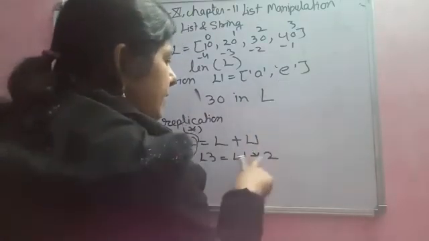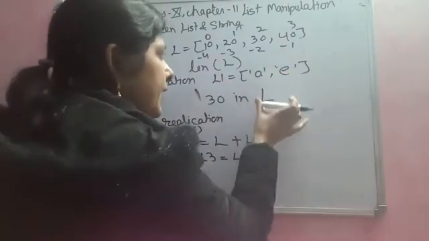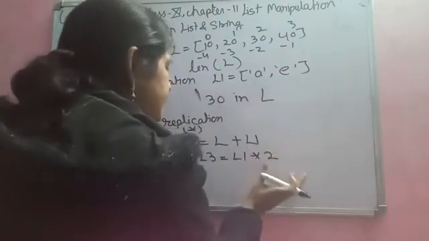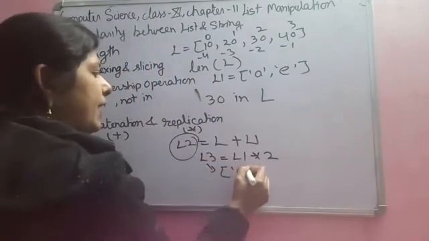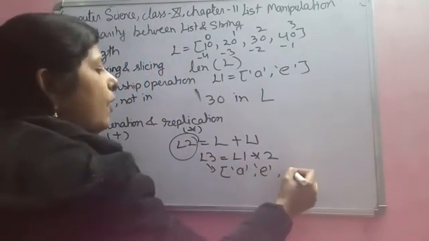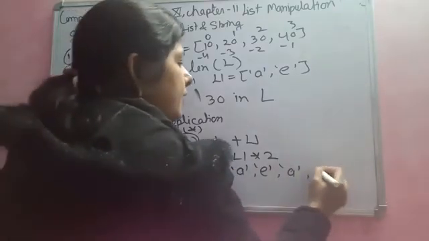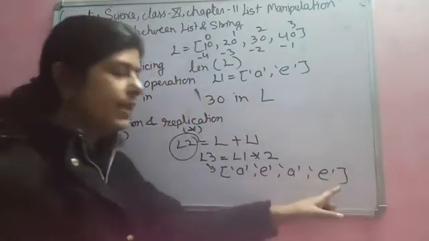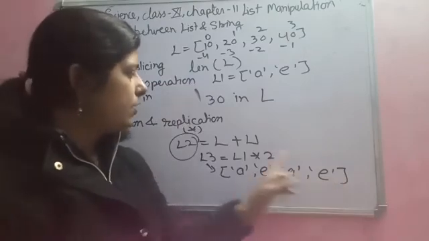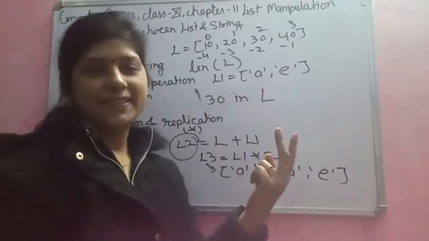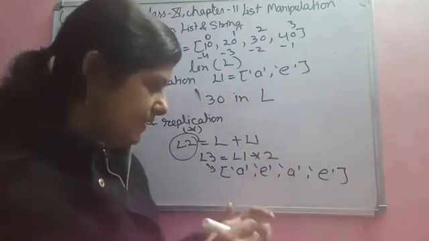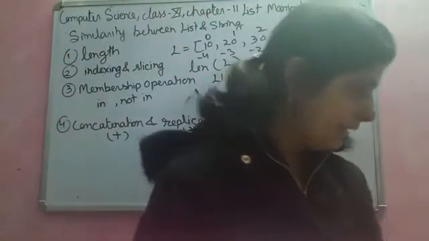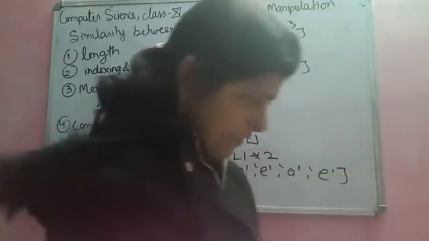A, E. Multiplied by 2 means it replicates the list 2 times and passes to the L3. अब आप L3 को प्रिंट करेंगे तो प्रिंट होगा A E A E. Means a list which is replication of the list 2 times. Right? Okay, I think it's a sufficient one.